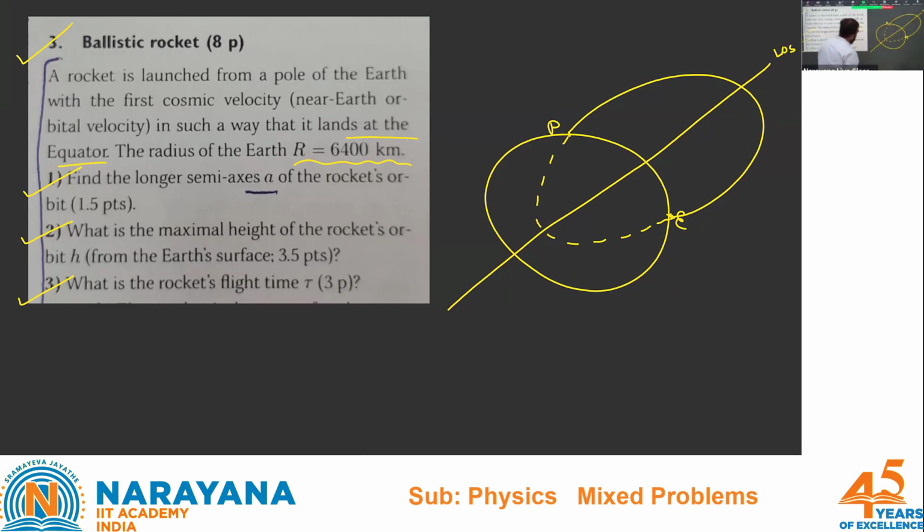Now, the focus of this ellipse should coincide with the center of Earth. But because of the mass distribution, the mass of this rocket, I am presuming to be very, very small in comparison to the mass of Earth. So this point will be nearly touching the end.